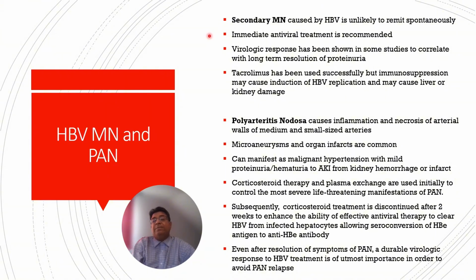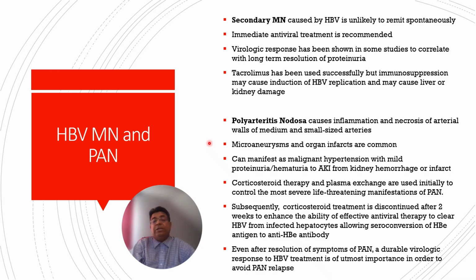Virologic response has been shown in some studies to correlate with long-term resolution of proteinuria. Tacrolimus has been used successfully, but immunosuppression may cause induction of hepatitis B viral replication and may cause liver or kidney damage. Polyarteritis nodosa causes inflammation and necrosis of arterial walls of medium and small-sized arteries.